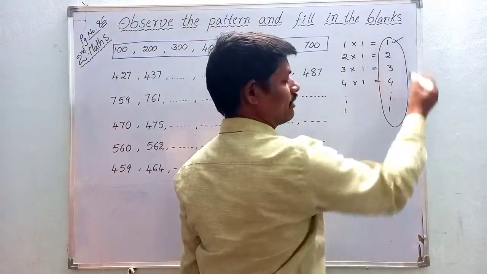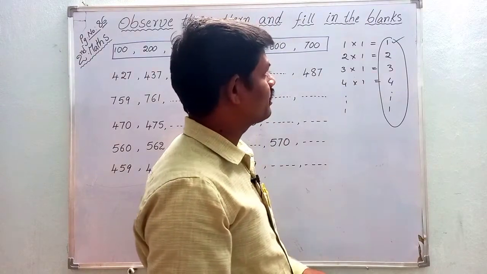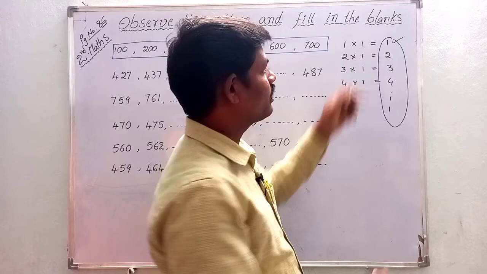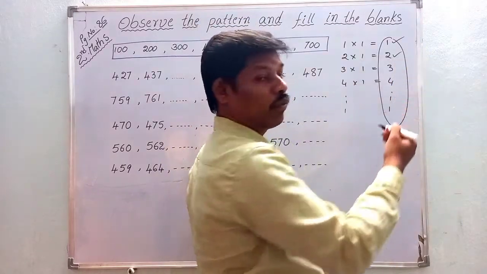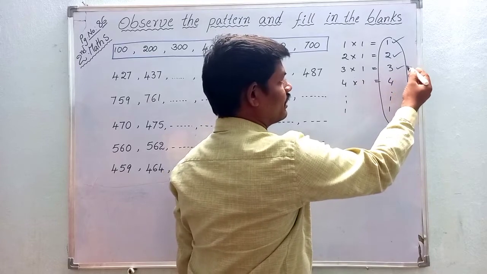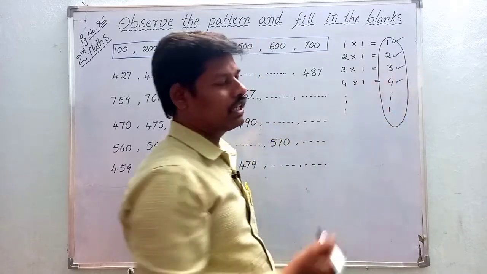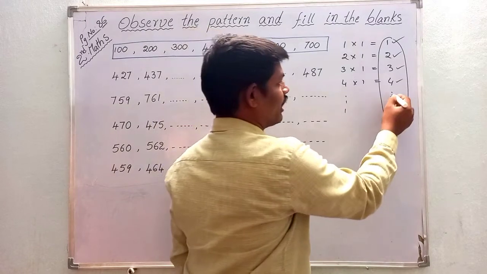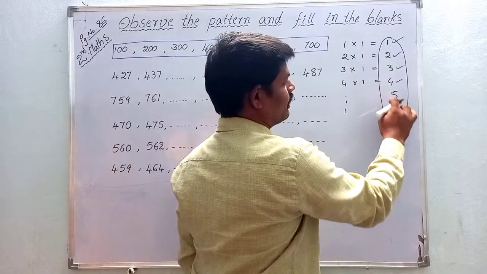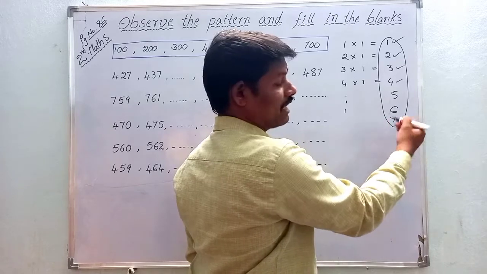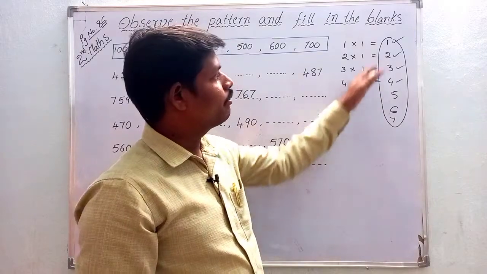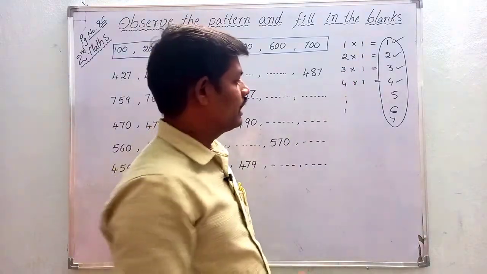First we got 1. Afterwards, one number is increased. 1 plus 1, 2. 2 plus 1, 3. 3 plus 1, 4. 4 plus 1, 5. 5 plus 1, 6. 6 plus 1, 7. Like that, we will get the pattern. This is the pattern of 1.